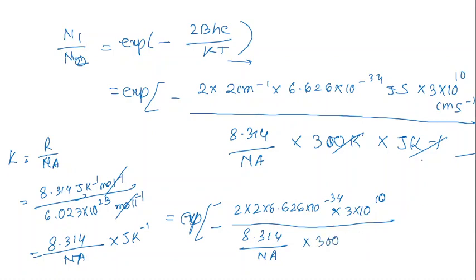What will the unit be? Centimeter inverse, and second inverse also. So above is joule, below is joule. Only this thing, there is no other unit here. So we have to calculate the value, and finally what you will get, you please do it.